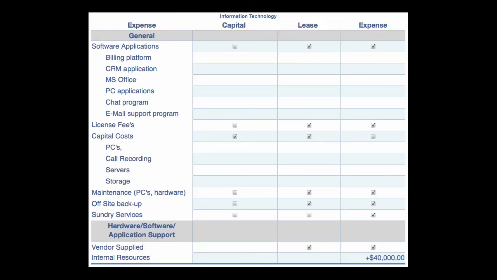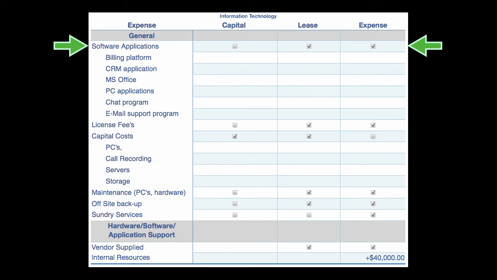Onto our last and probably biggest section, big in the sense of complexity, IT. You have software applications that will be billing applications. So your customer contacts you and you've got to go into a billing application or a customer care application. That's the platform that we're talking about.